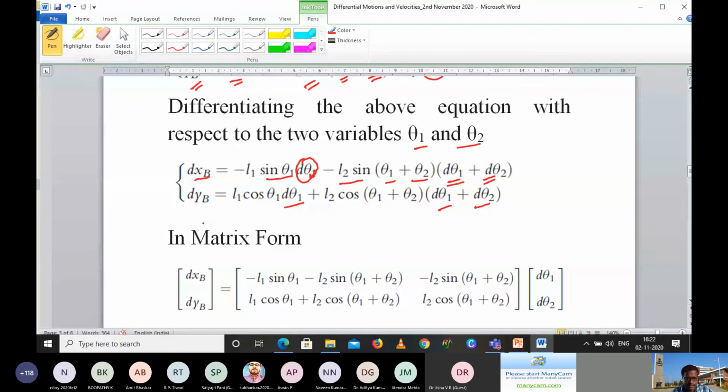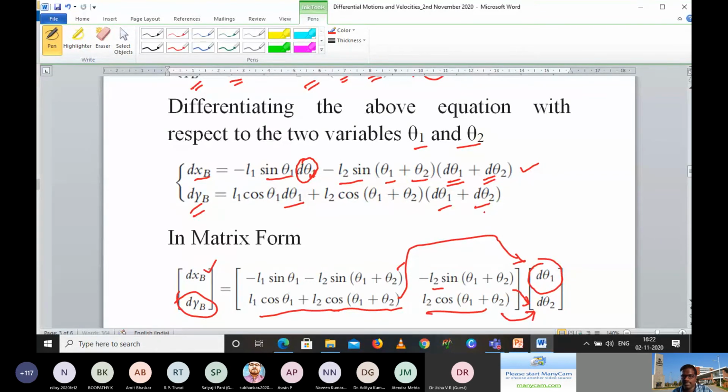So dx, you can take minus L1 sin theta 1 minus L2 sin of theta 1 plus theta 2 multiplied with d theta 1, and similarly the term minus L2 sin of theta 1 plus theta 2 multiplied with d theta 2. Once you do this, you will get dx. And similarly for dy, this one, L1 cos theta 1 plus L2 cos of theta 1 plus theta 2, this term you multiply with d theta 1 and this term with d theta 2. You will get this.